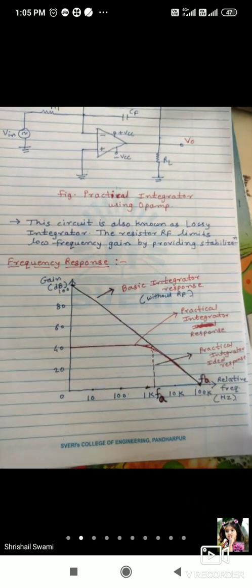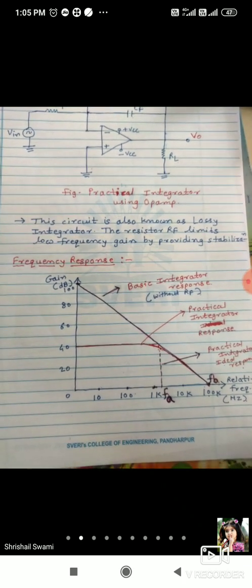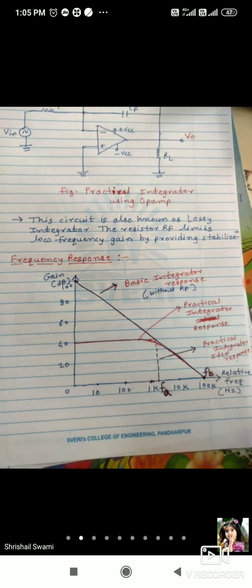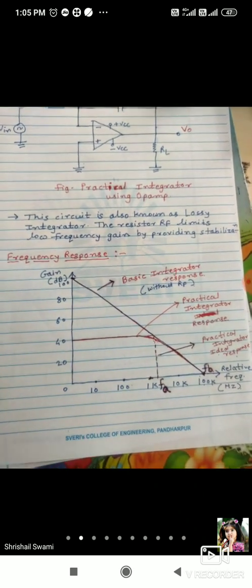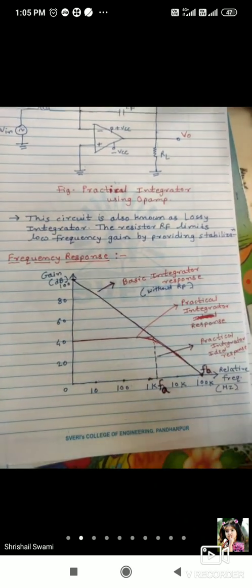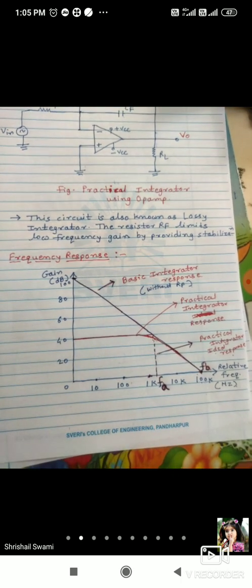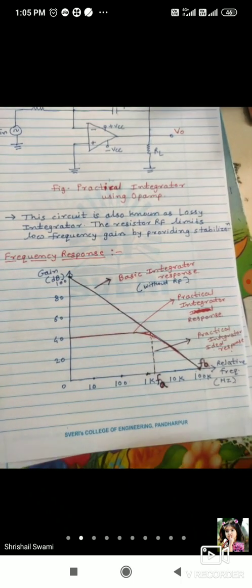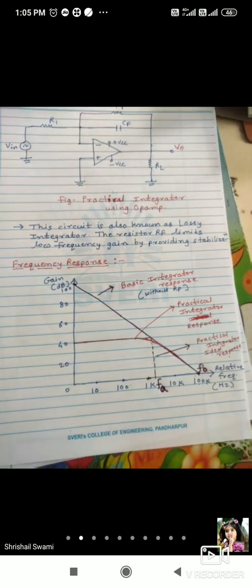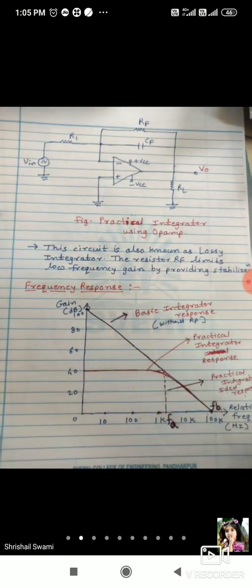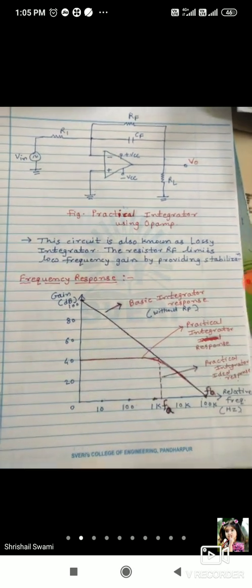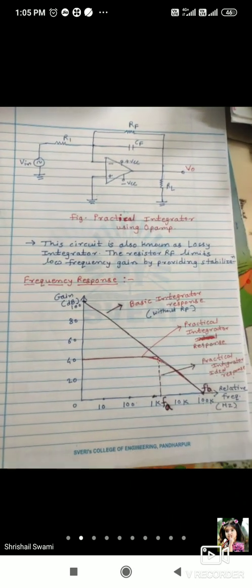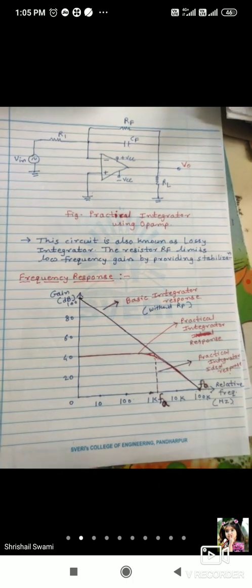We have seen today the definition of the integrator, then the circuit diagram, and we have understood the construction and working. We derived the expression of output voltage, which is nothing but the negative integral of the input voltage. After that we saw the drawback or limitation of the original integrator circuit: even though the input voltage is 0, we get some error voltage at the output due to input offset voltage.